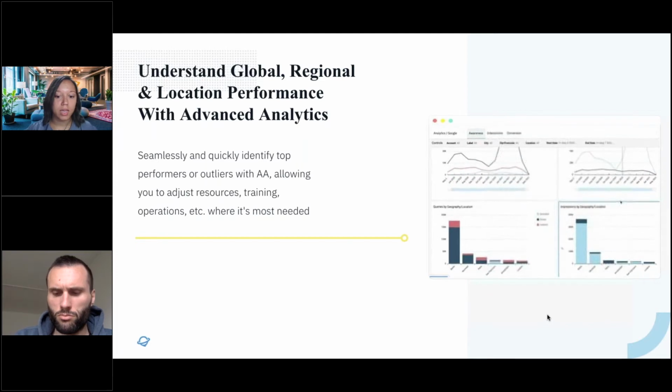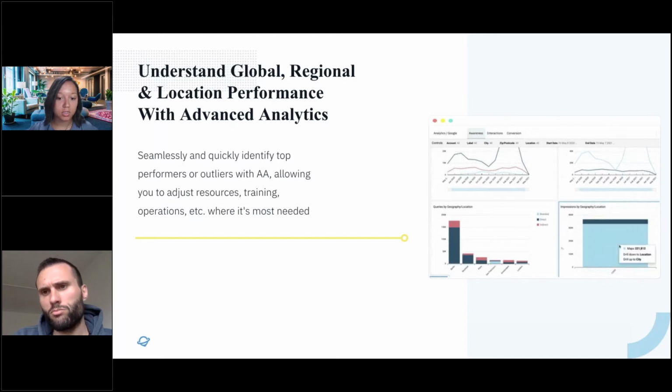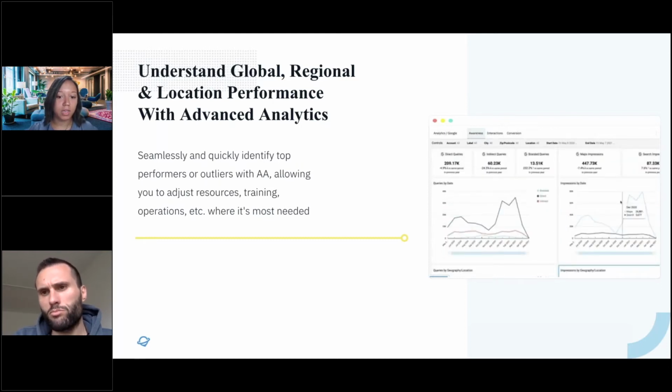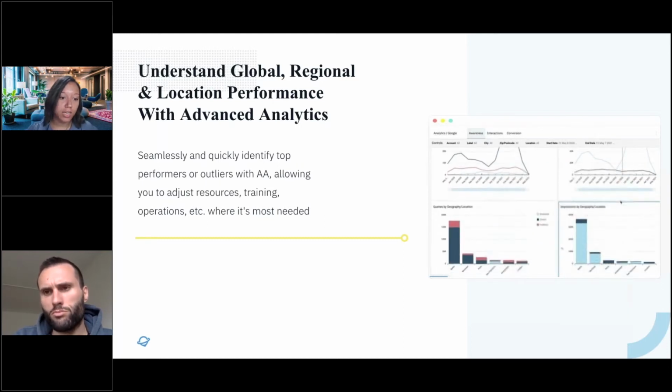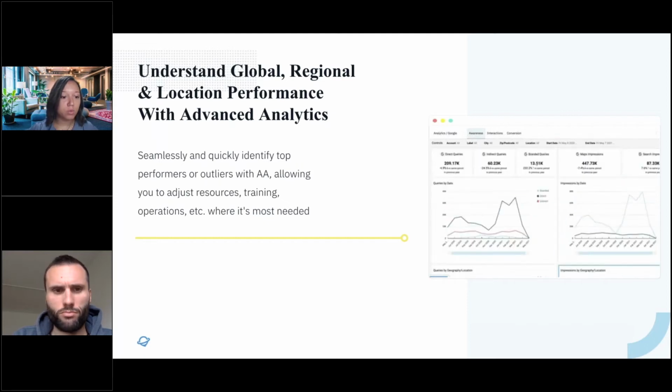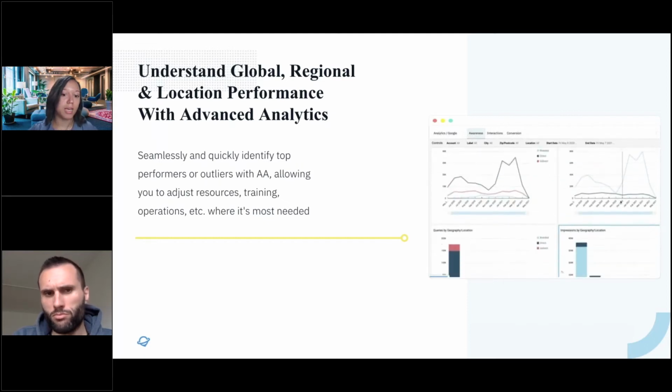So what our tool allows you to do with this data, again, look at it either high level across all of your locations, but also gives you the ability to drill down and see which locations are outperforming others, which ones are growing at a rate that is above other locations, and which ones are not performing as well.